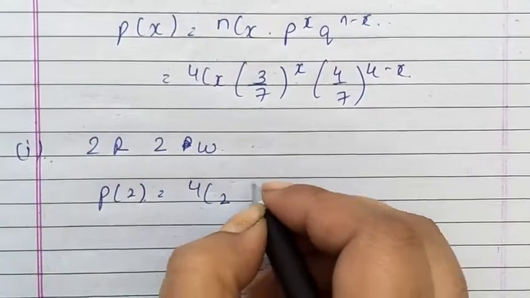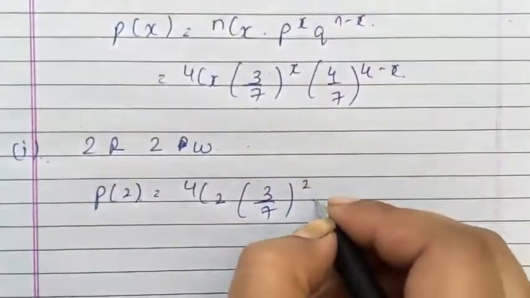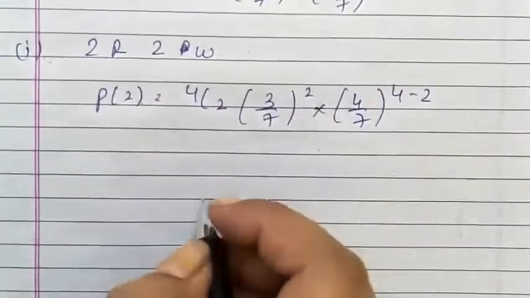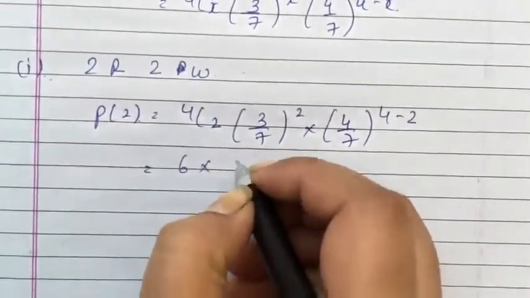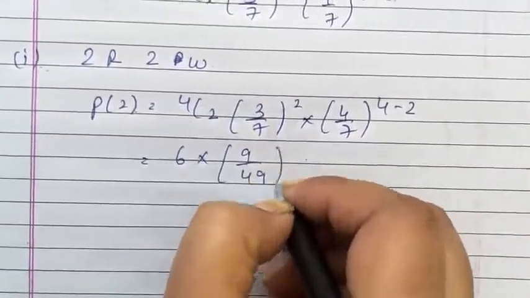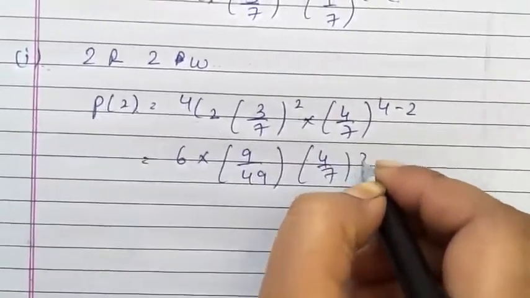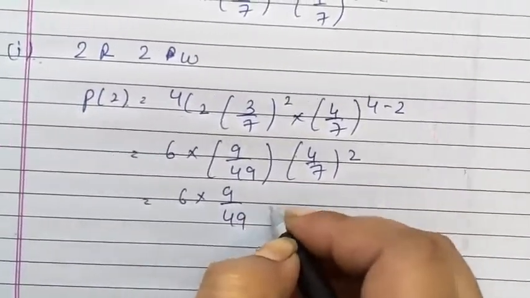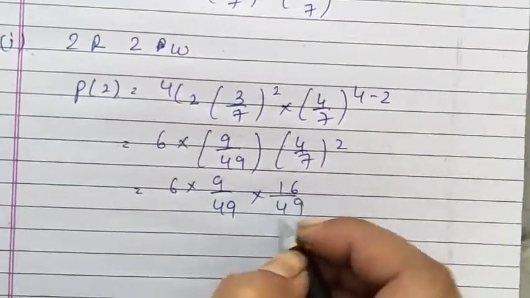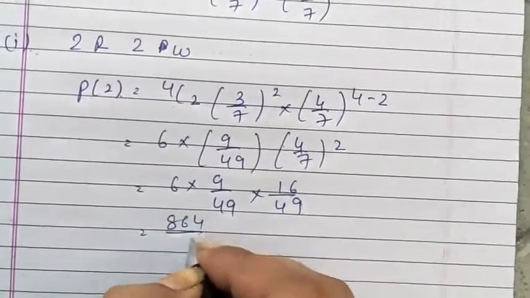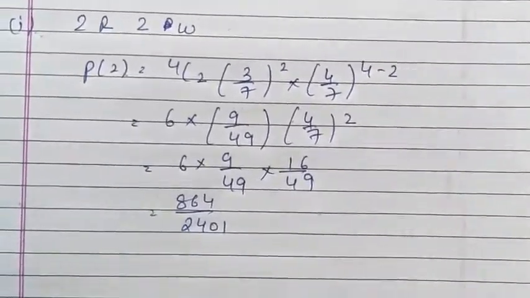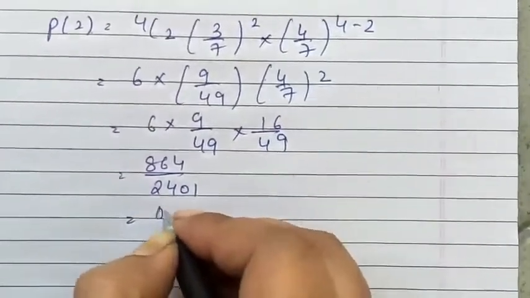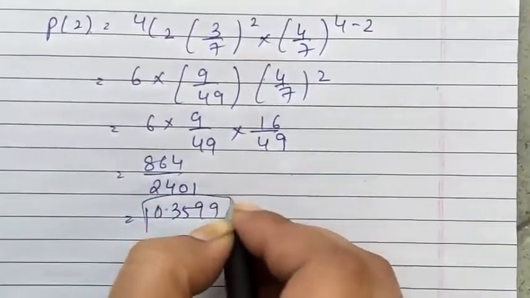So 4C2 into 3 upon 7 raised to 2 into 4 upon 7 raised to 4 minus 2, so that is 6 into 9 upon 49 into 4 upon 7 raised to 2. So that gives us 6 into 9 upon 49 into 16 upon 49. The answer comes to 864 upon 2401. So now let us divide it and get the answer. The answer comes to 0.3599.